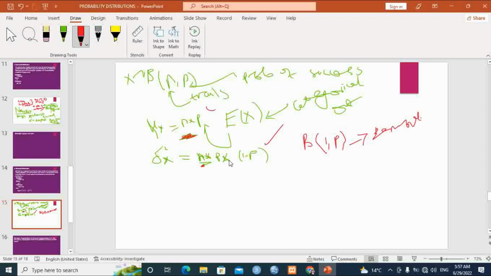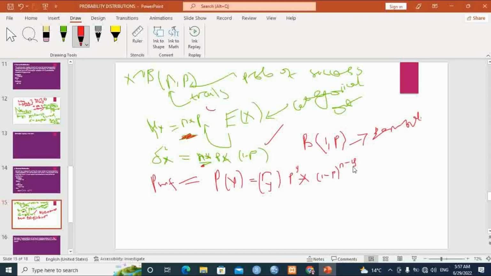So how do you get the PMF of binomial? The probability mass function of binomial is the probability of, let's say, y, equal to n choose y, times the probability of success raised to power y, times the probability of not success, 1 minus p, raised to power n minus y.